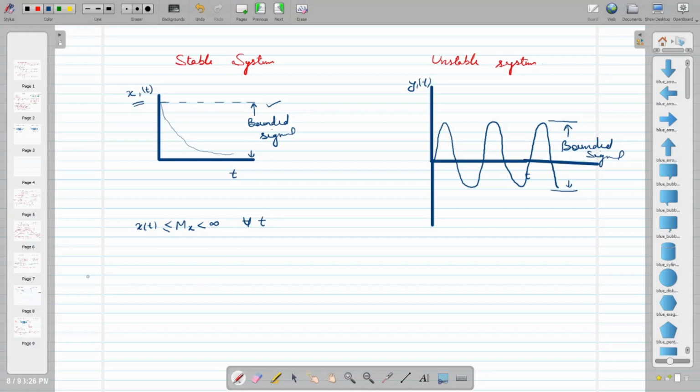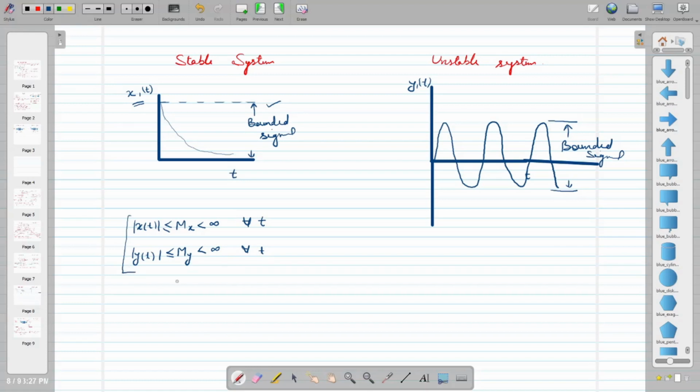Similarly, the output is bounded if it satisfies |y(t)| is less than or equal to My, which is less than infinity, for all values of time. So this is the definition of bounded input, bounded output.